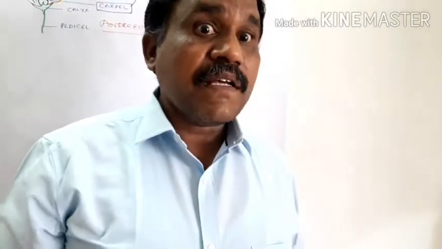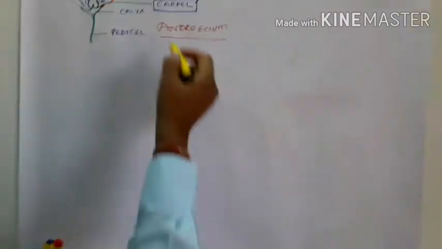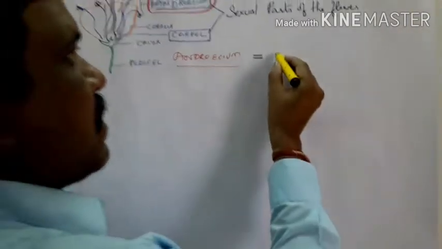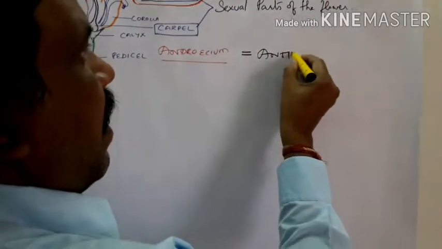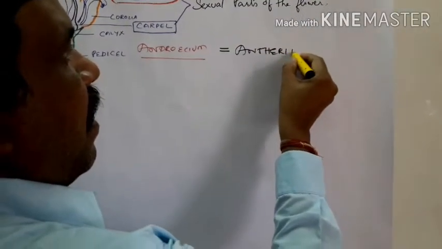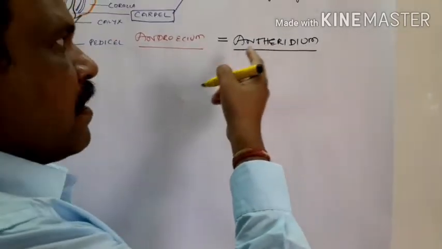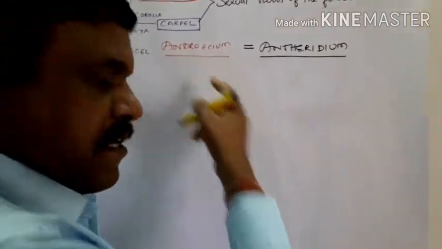There the word is called antheridium. This is in the lower forms of plants. In higher forms of plants, we call it androecium.